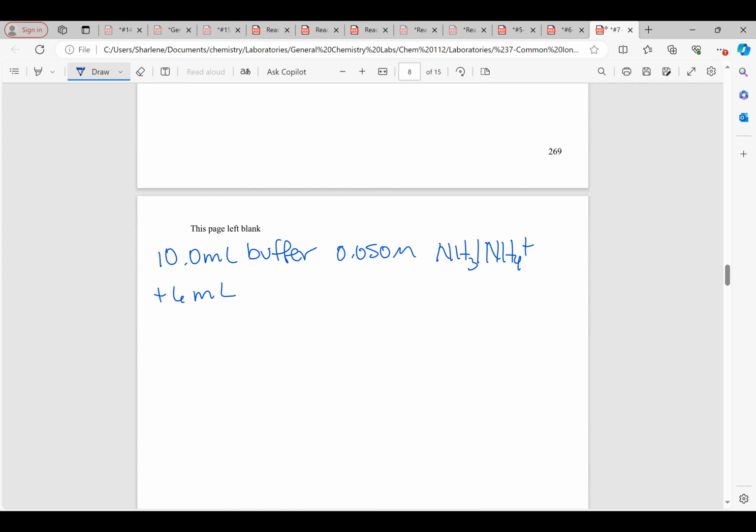Doesn't matter which equation you use. We're going to do it two ways. I'm going to do the concentration, but I know this is buffered, so I'm also going to go to moles.